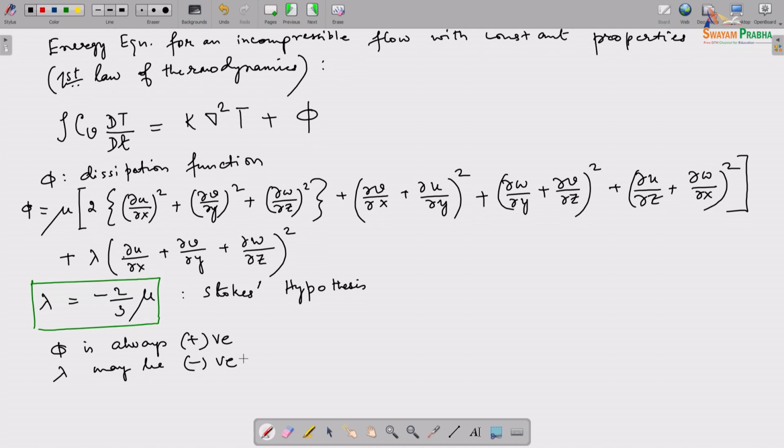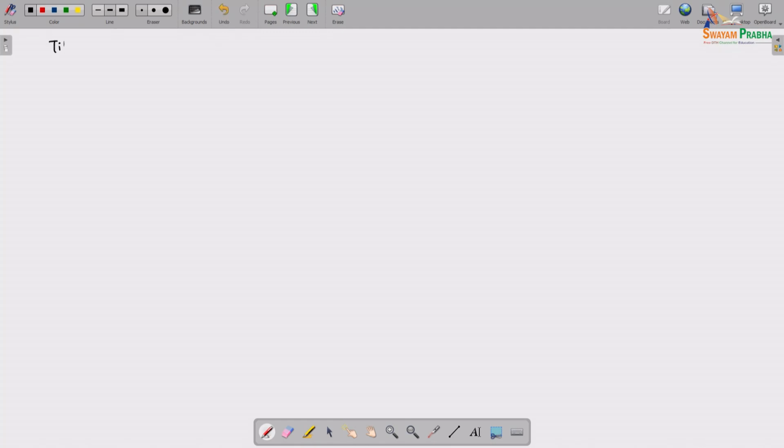Now again, what we will do is write this equation as a time averaged function. Okay, so if I do that, writing the energy equation, I can say the time averaged energy equation.